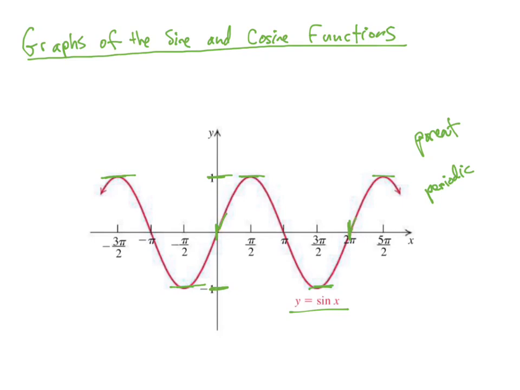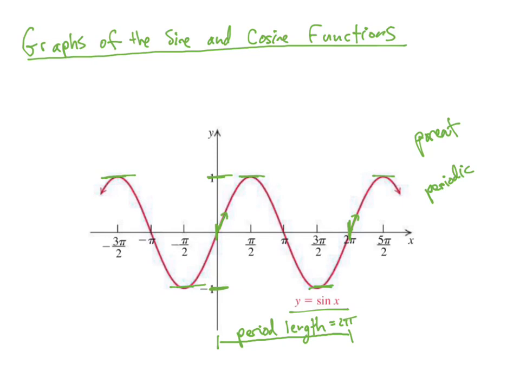So at 0, it's increasing. After 2 pi, it's increasing again. So this distance between 0 and 2 pi, we say is the period length, which is 2 pi.